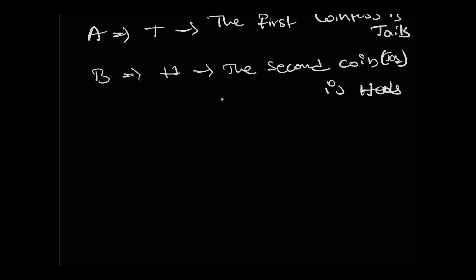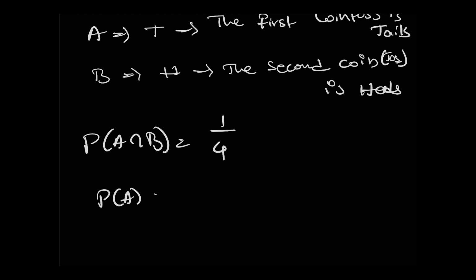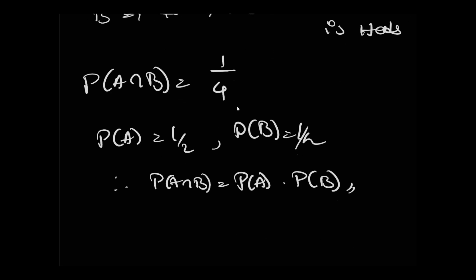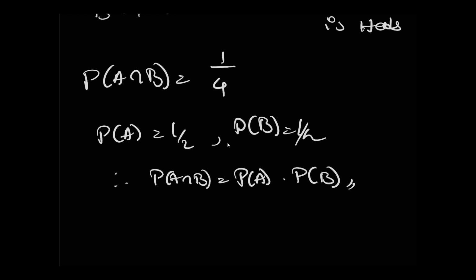Therefore, probability of A intersection B, we know, is 1 by 4, and probability of A is 1 by 2 and probability of B is 1 by 2. Hence, probability of A intersection B is probability of A into probability of B. Hence, these two are independent.